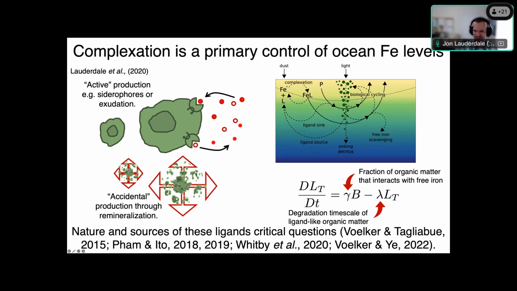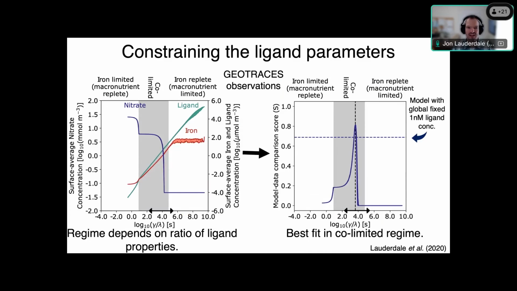We've got a fraction of organic matter that interacts with free iron as a ligand. So that's the production, and then a degradation timescale, because ligands are generally labile, tasty organic molecules that bacteria want to consume. If we implement that scheme in an idealized box model, we can see that the ratio of those two parameters controls the ocean regime that you find yourself in.